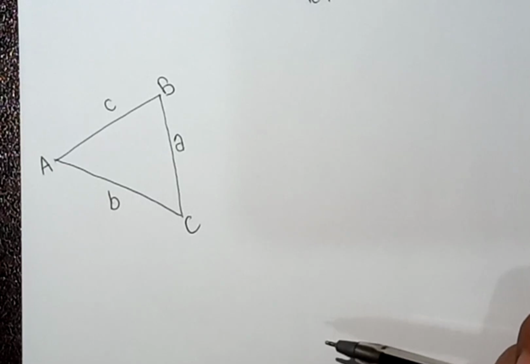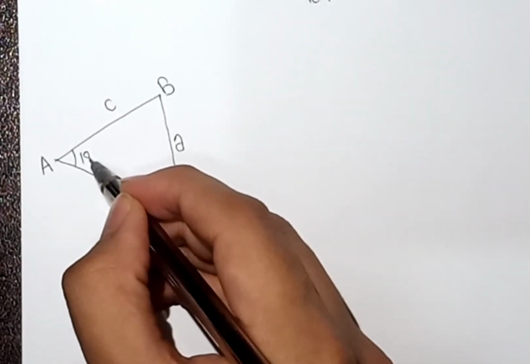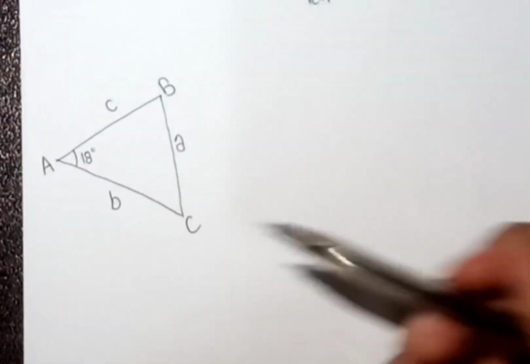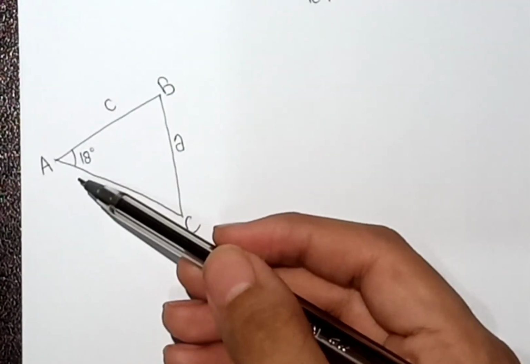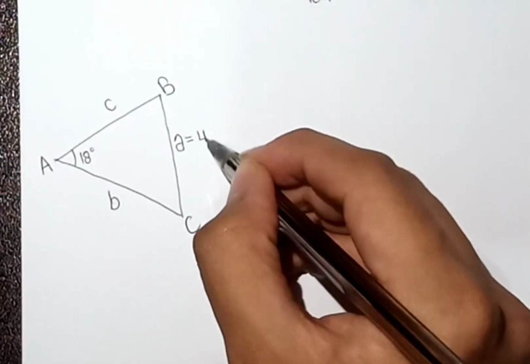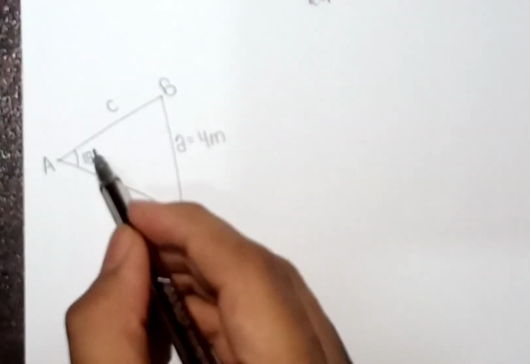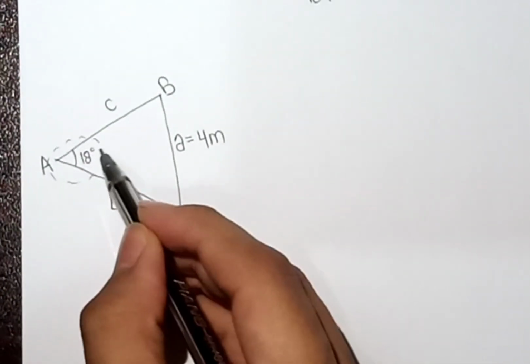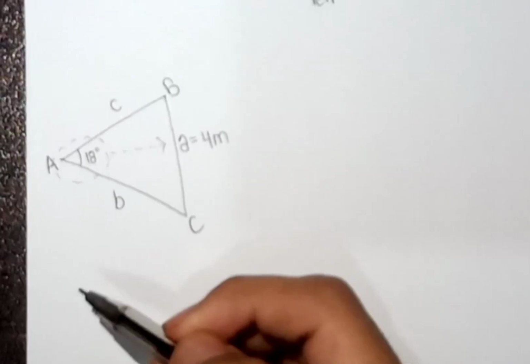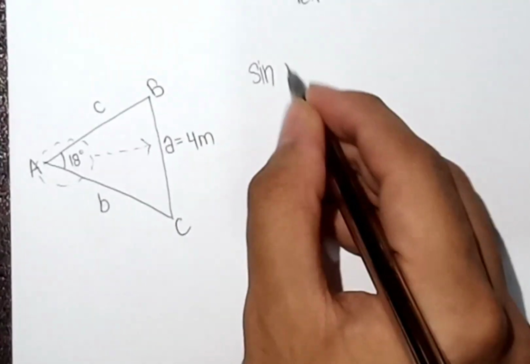What does it mean? Whenever an angle is given to you, suppose it's 18 degrees, and the opposite side is given, suppose 4 meters, you need to apply the sine rule.